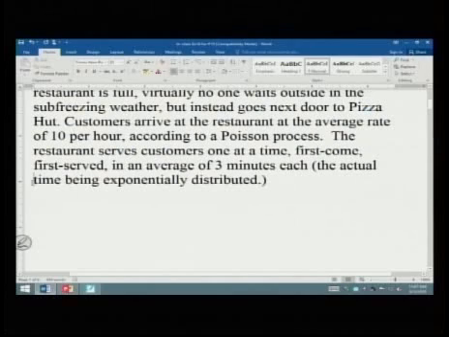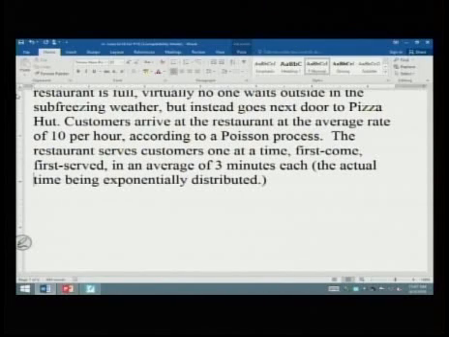Okay, so how did you define the state of system? Yeah, sure. Number of customers in the restaurant, Italian restaurant. Okay. So let's start with the case with 0 customers. Okay, so I'm gonna put 0. Okay.